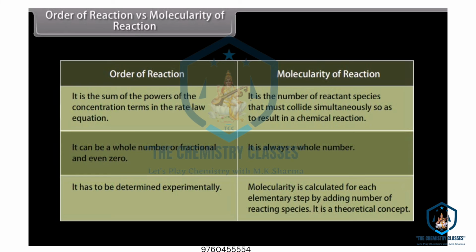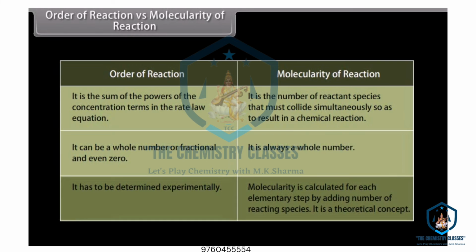Order of reaction can be a whole number or fractional and even 0, whereas molecularity of a reaction is always a whole number. Order of reaction has to be determined experimentally, whereas molecularity of a reaction is calculated for each elementary step by adding the number of reacting species. It is a theoretical concept.